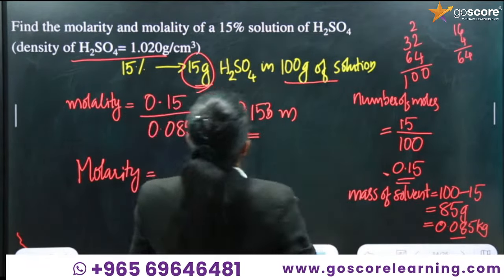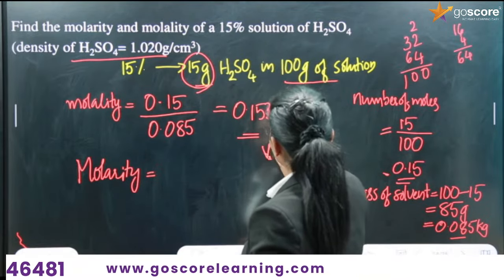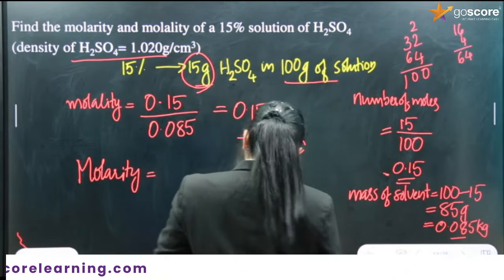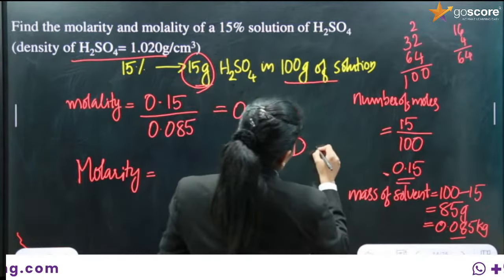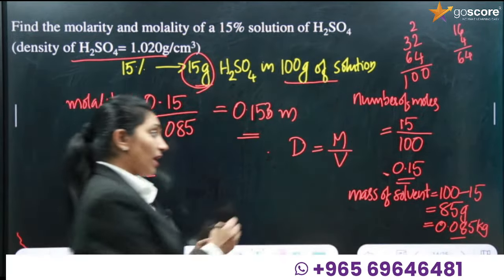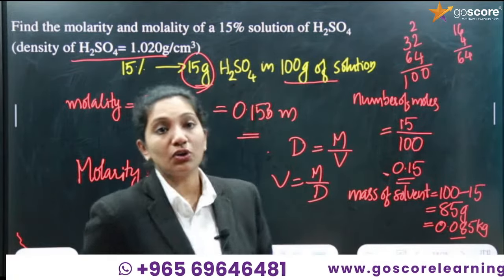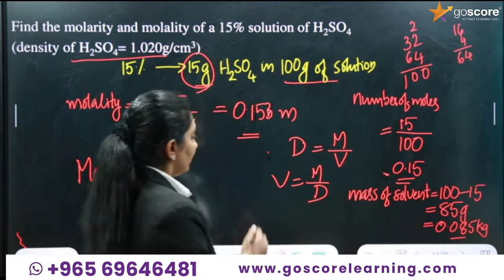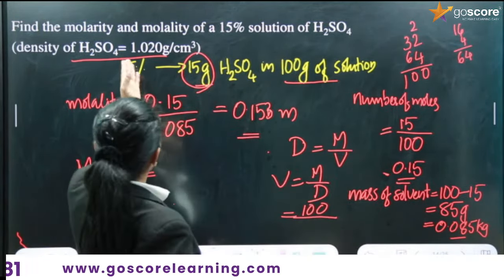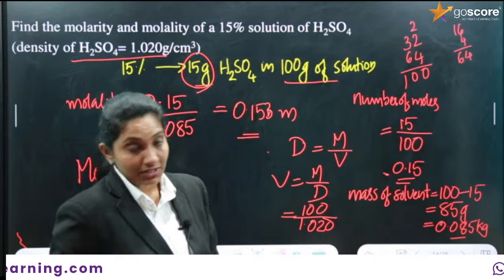Density is equal to mass by volume. From that, we can find out the volume as mass by density. Simply substituting the mass, 100 gram, and the density given, 1.020, we will get the volume of the solution.